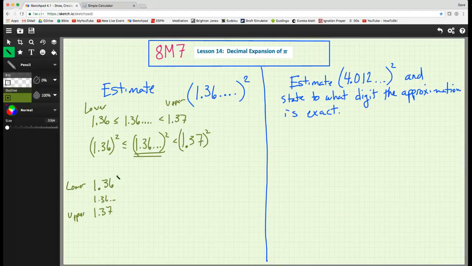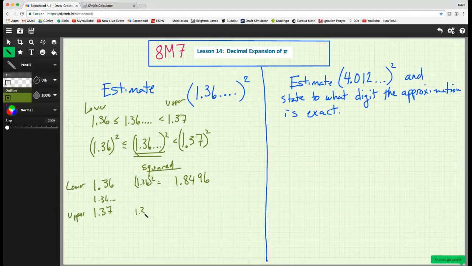So now we're going to take the number and square it. 1.36 squared is equal to, and you can use a calculator, 1.8496.